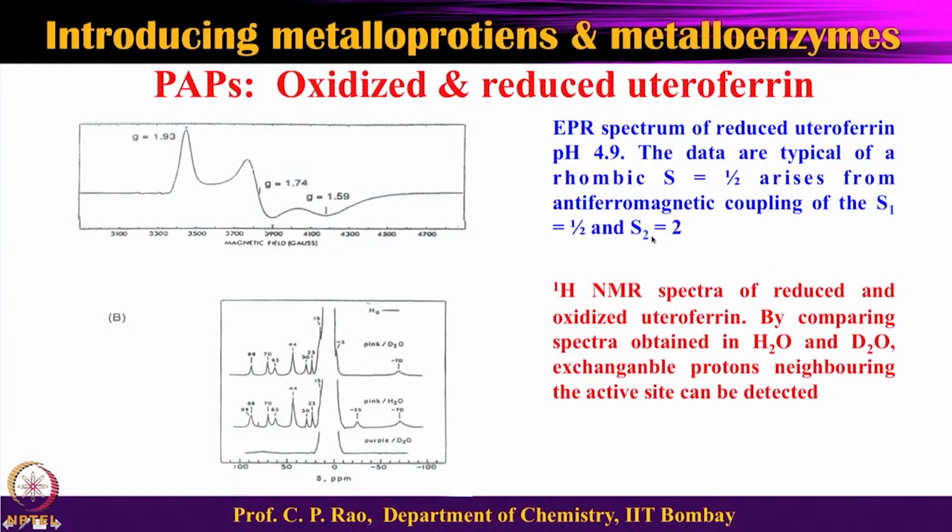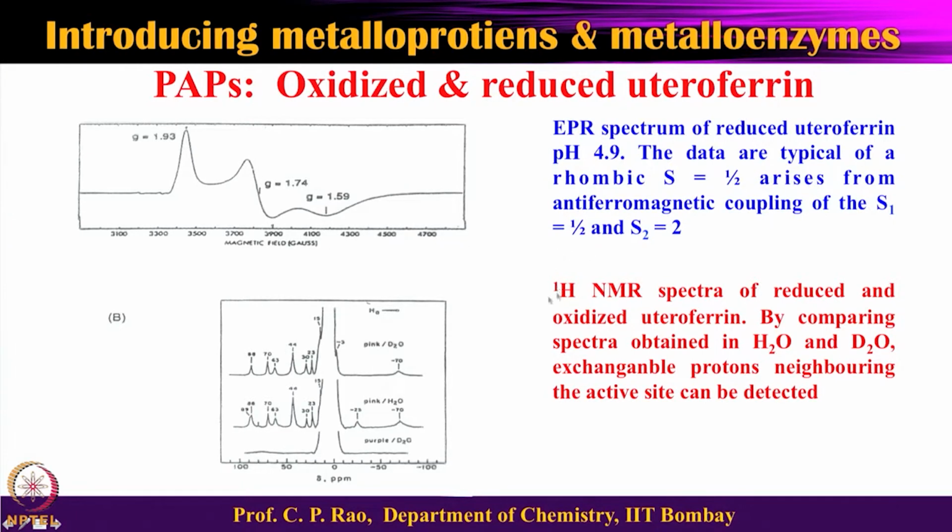So, that coupling can be identified from this EPR spectra, but in this particular case you do not need to really know fully well how to analyze this, but just take into consideration that is what is happening with these ones. Okay. And that is why you get the extra bands because of coupling of this.